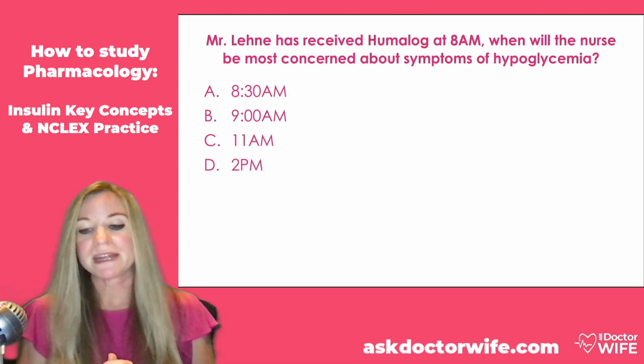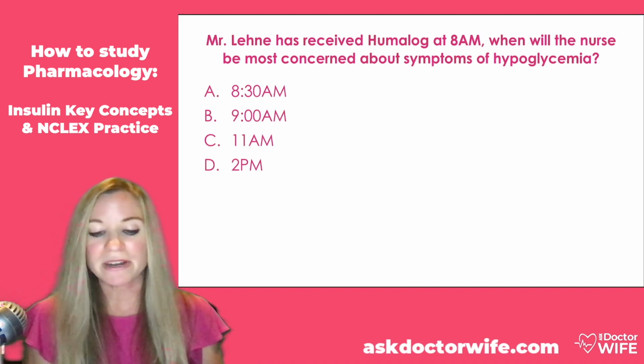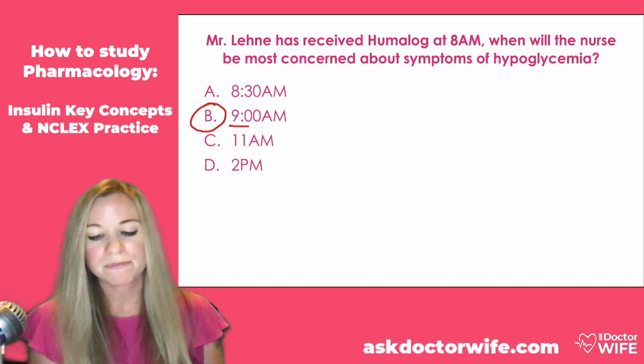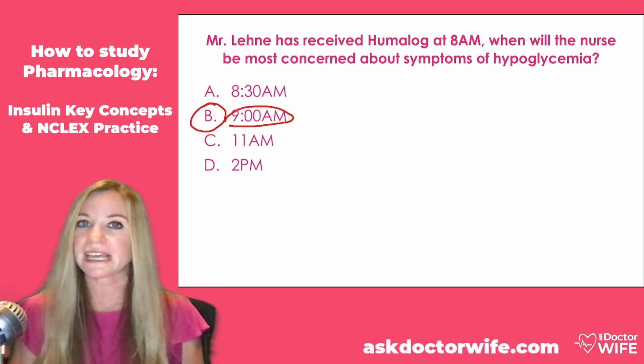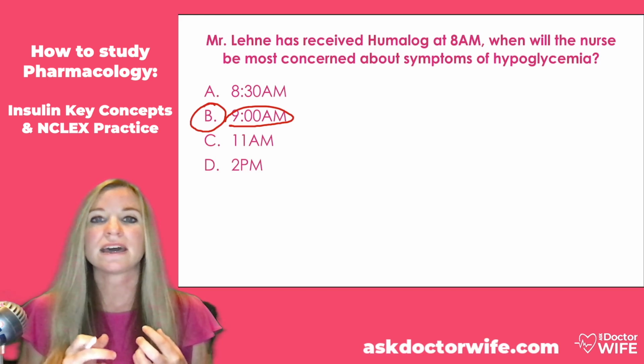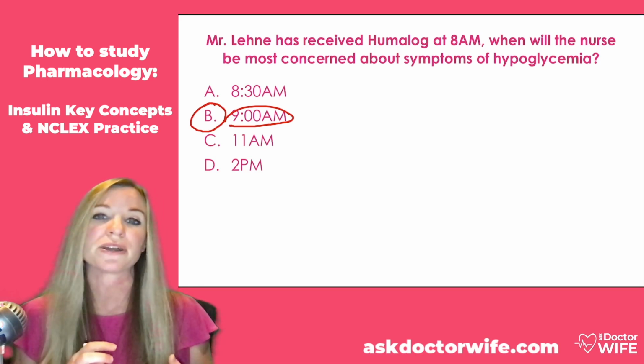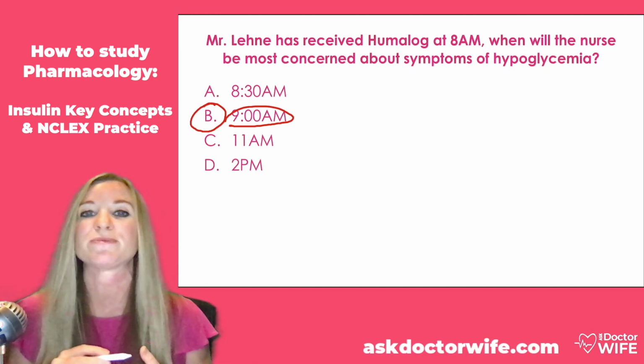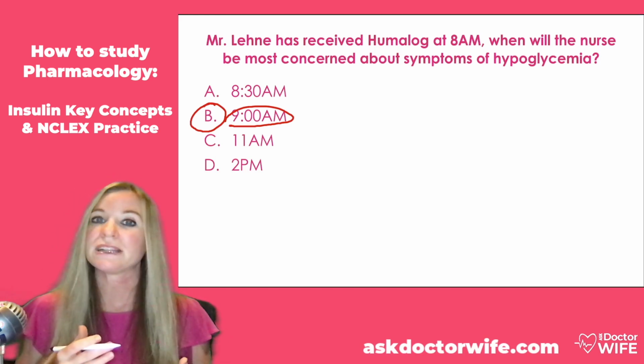Because it is a rapid-acting insulin and it peaks in about an hour, the correct answer is B, 9 a.m. Okay, so at 8:30, that insulin is going to begin to work, but it is not at its peak. It's not going to cause the greatest impact to blood sugar until a little bit later.